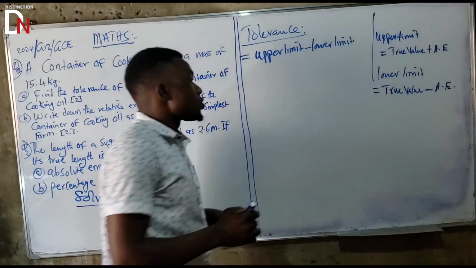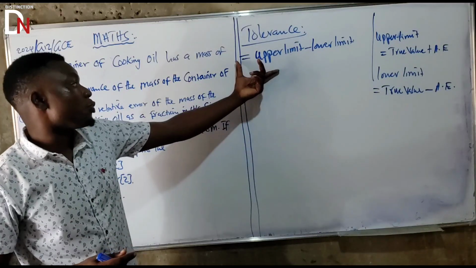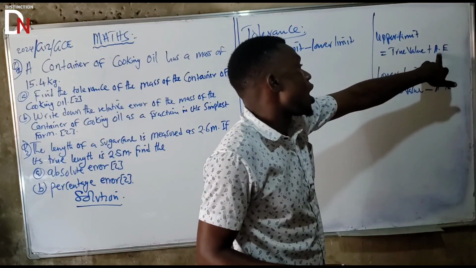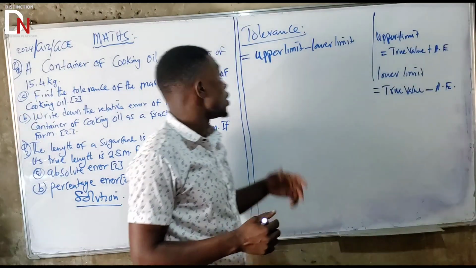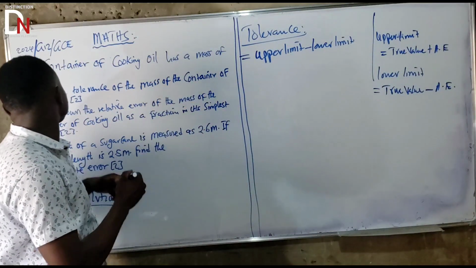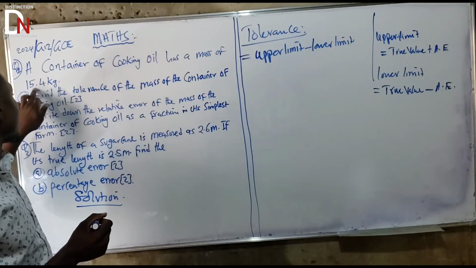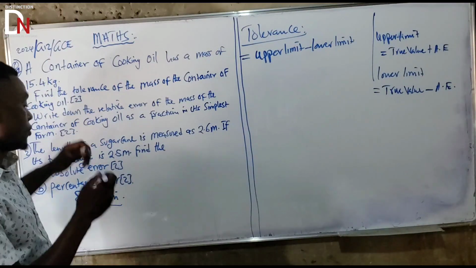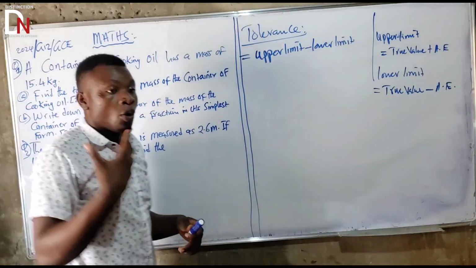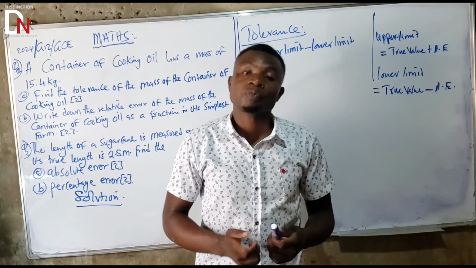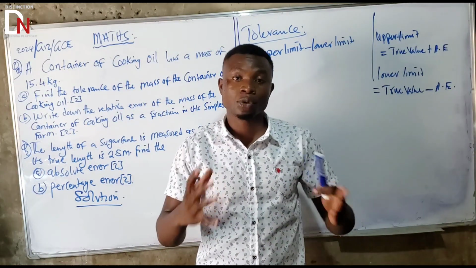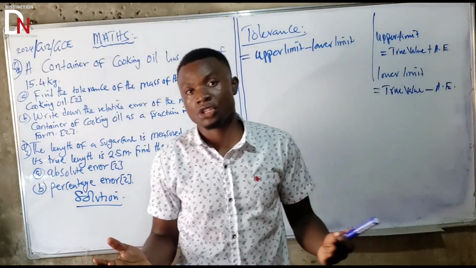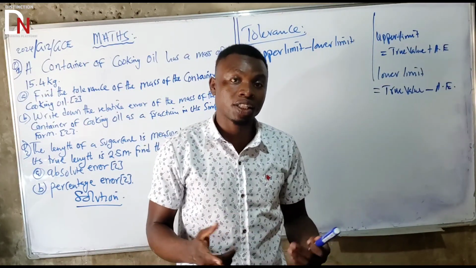So the first thing for us to find the upper limit is to find the absolute error. Remember, we have been given 15.4 kg. When finding the absolute error, it is basically half of the least unit of measure.